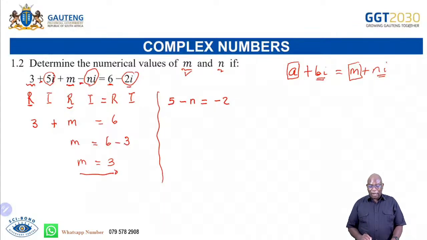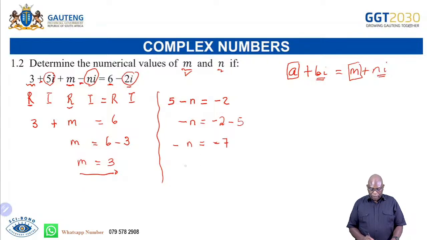Then on the other side, I do not have any m. If I had an m, I'd replace that m by the 3 that I got. In this case, I do not have one. So I can just solve for n in this linear equation. Minus n equals negative 2. Then I'm going to subtract a 5. Then I'm going to have negative n equals negative 7.